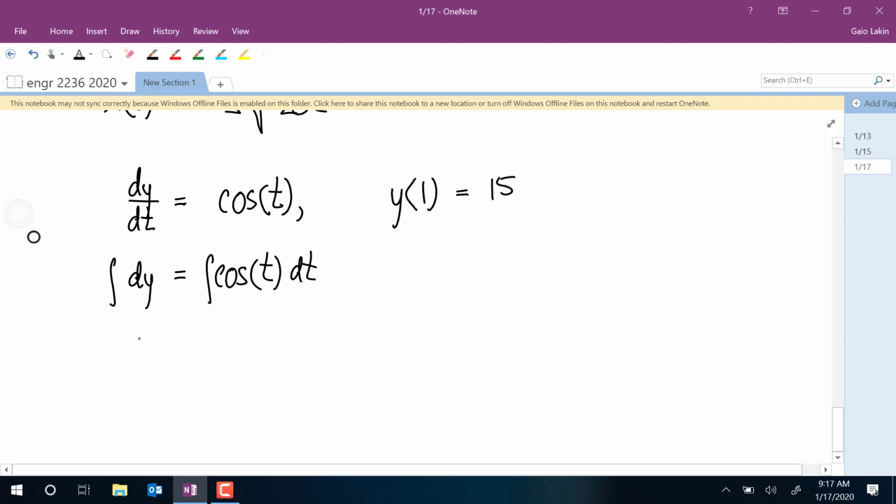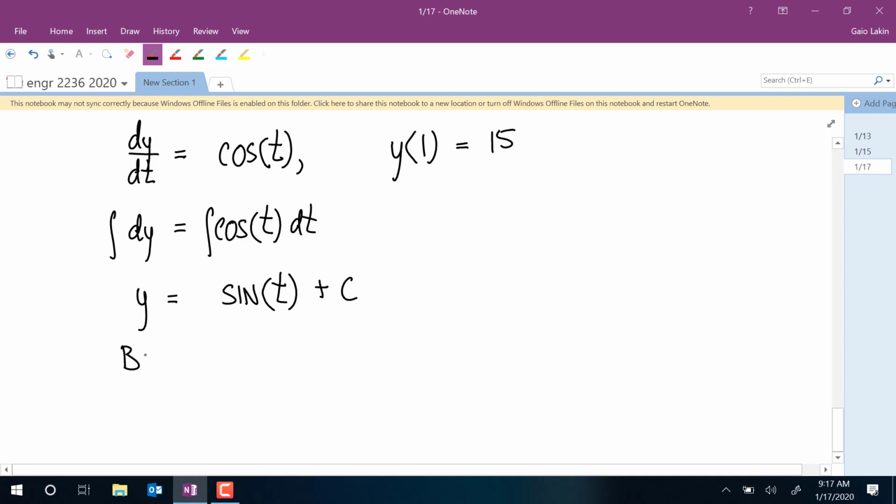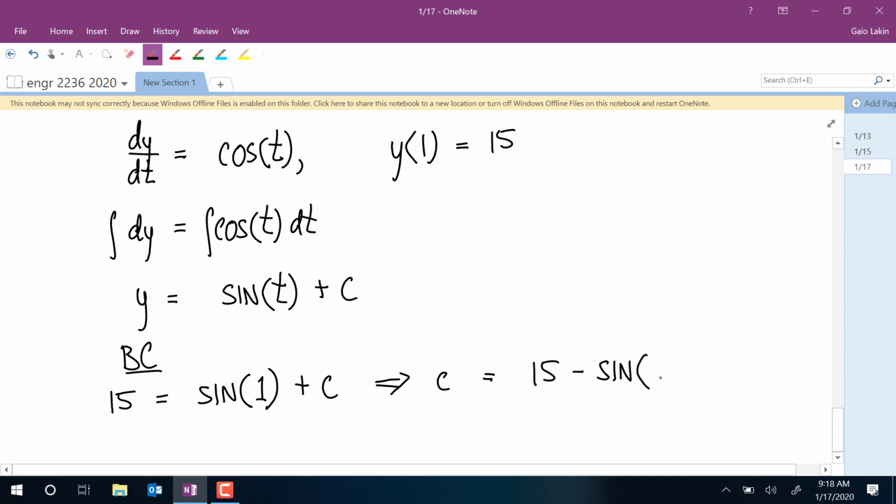Integrate, and you get y is equal to sine of t plus c. And now the boundary condition says 15 is equal to sine of 1 plus c. So c is equal to 15 minus sine of 1.